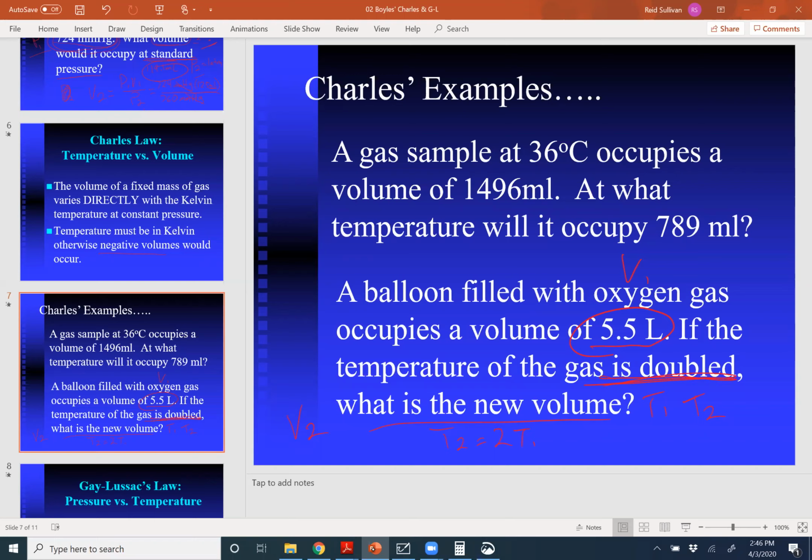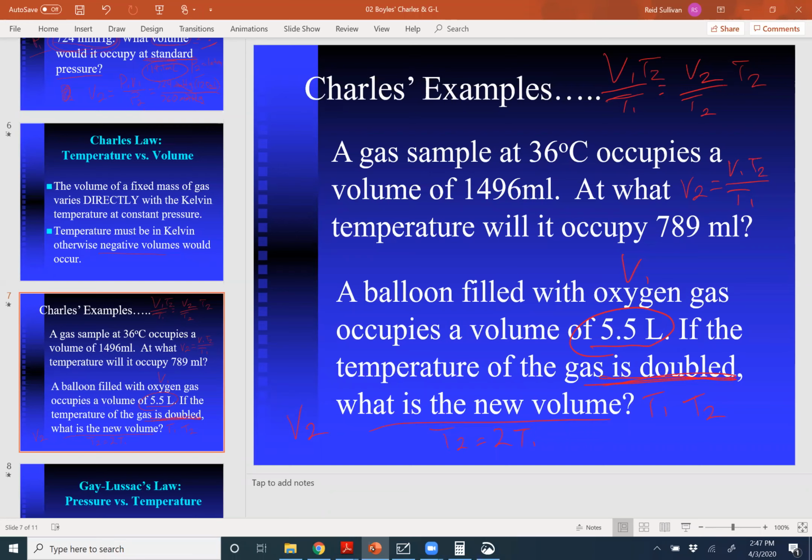So if our setup here is volume 1 over temperature 1 equals volume 2 over temperature 2, and we want to find volume 2, again, my pro tip was to do the math before. So now we have volume 2 is equal to volume 1 times temperature 2 over temperature 1.